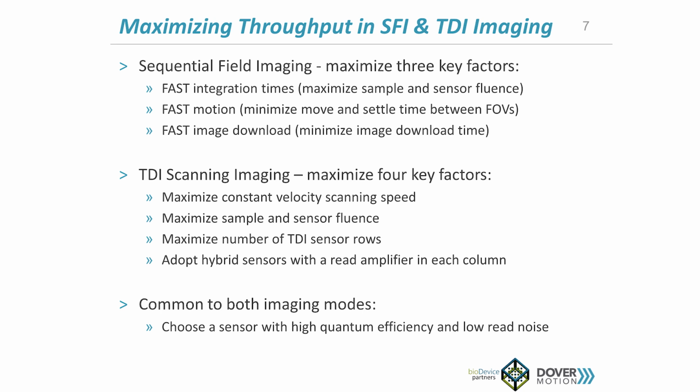Conversely, in TDI scanning imaging, we really want to have extremely constant velocity during the scan. We still want to maximize the fluence. In this case, we'll want to maximize the number of TDI sensor rows, and with the most modern sensors, adopt a hybrid technology where there's a read amplifier in each column. In both imaging modes, we want a sensor with both very high quantum efficiency and low read noise.